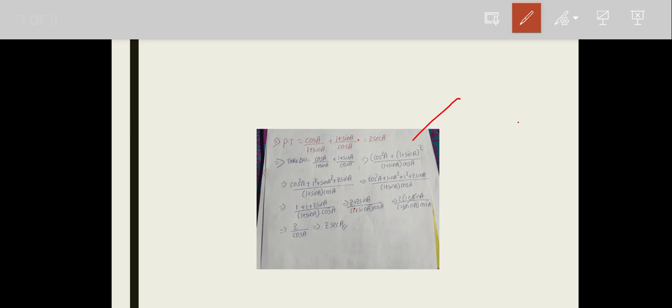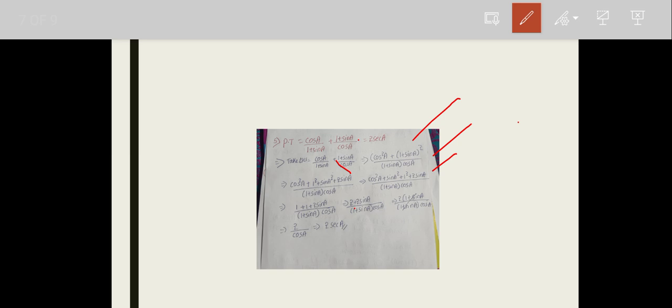So here we have cos A divided by 1 plus sin A plus 1 plus sin A divided by cos A. Now we cross multiply. cos A into cos A gives cos square A, and 1 plus sin A into 1 plus sin A gives (1 plus sin A) whole square, divided by (1 plus sin A) into cos A. It is in the form (a plus b) whole square, which we write as a square plus b square plus 2ab.